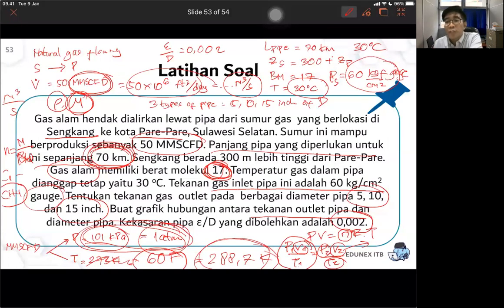So you need to convert it to Pascal first. The standard unit of pressure is Pascal, not kilopascal. Please be careful. And then for the pressure at Sengkang, you need to add 101,325 Pascal to convert it into absolute pressure.